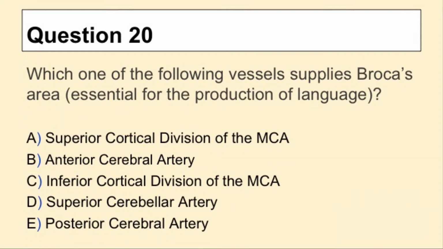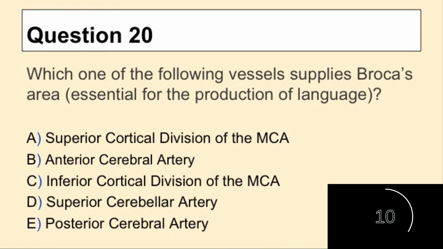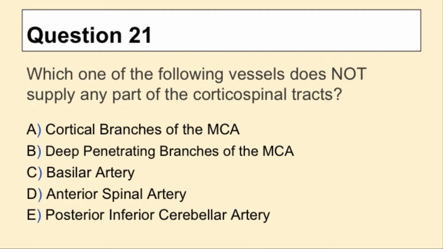Which one of the following vessels supplies Broca's area essential for the production of language? Question 21. Which one of the following vessels does not supply any part of the corticospinal tracts?